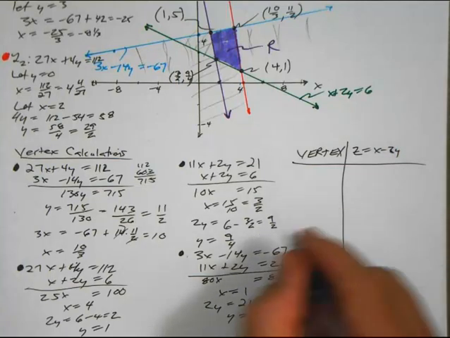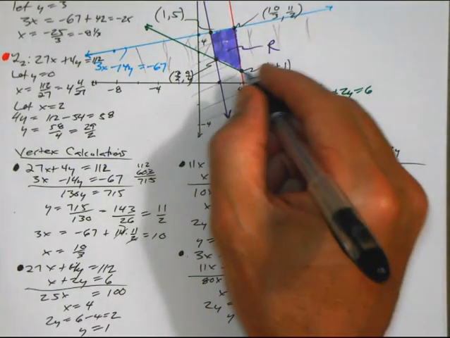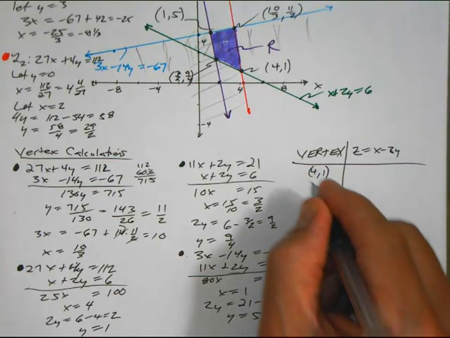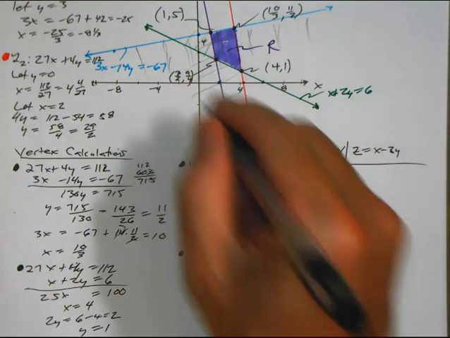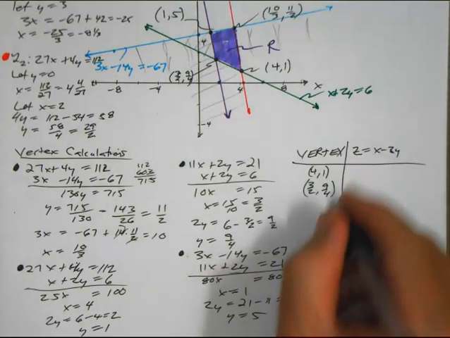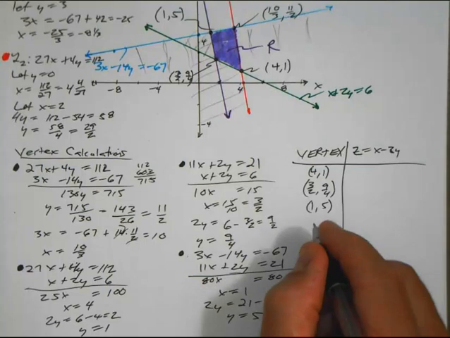Let's round up our vertices. We can look at the graph and do this. We can have 4, 1. We could have 3 halves, 9/4. Could have 1, 5. And 10 thirds, 11 halves.